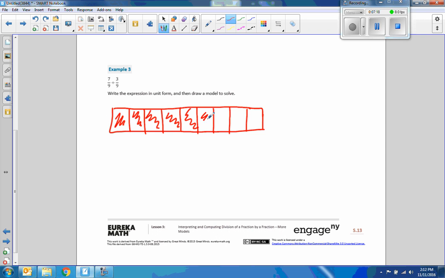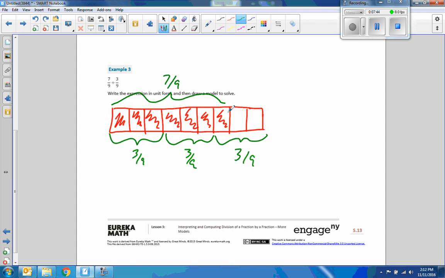There's 4, there's 5, there's 6, there's 7. Okay, we're going to divide that into 3 ninths. Okay, 3 will not go into 7 evenly, so there's a 3 ninths. There's a 3 ninths. And there's 3 out of 9. And this was 7 ninths to here. So this piece is one more than what we had, 1 3 ninths, we had 2 3 ninths. And then we have this piece remaining.